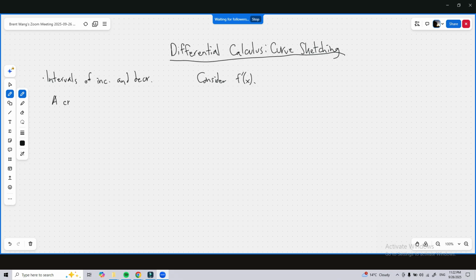A critical point of f of x is when f prime of a equals 0 at x equals a. When the function's derivative is basically 0, like this.